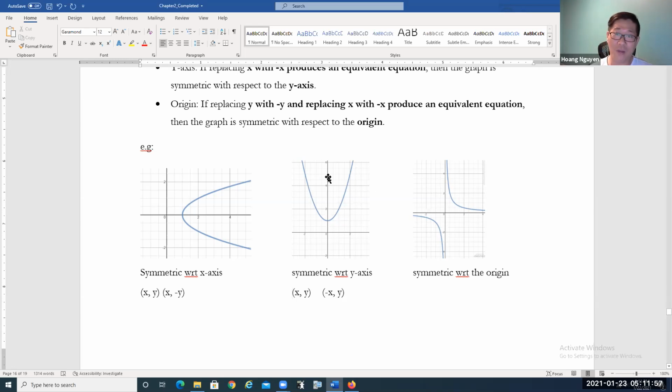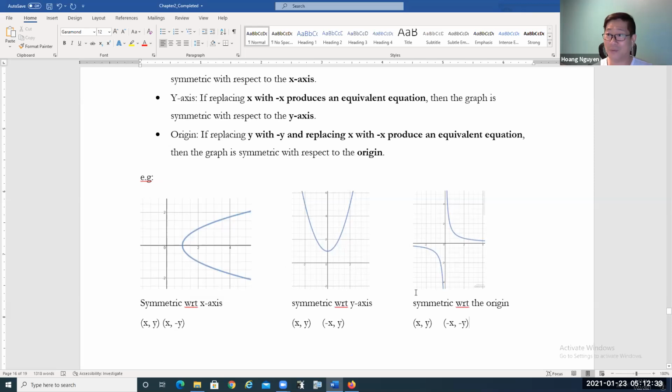It's going to be a mirror along the y-axis. Now, how about the third case, symmetry with respect to the origin? When you pick the first point x comma y, the reflection of that point is going to be negative x comma negative y. Okay. So in terms of any general point, this is how they relate with respect to the x-axis, the y-axis, and the origin.